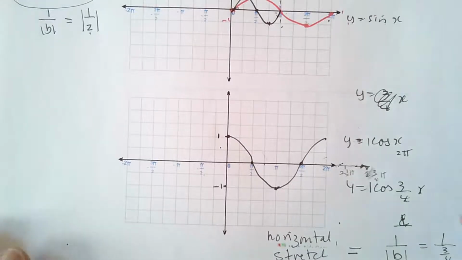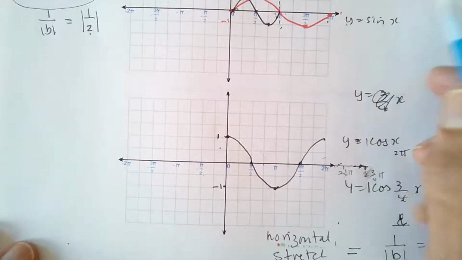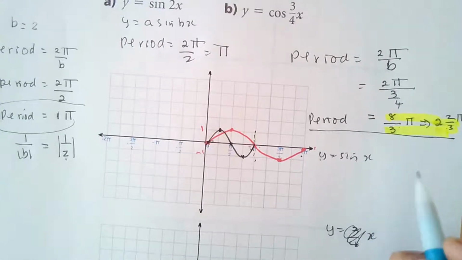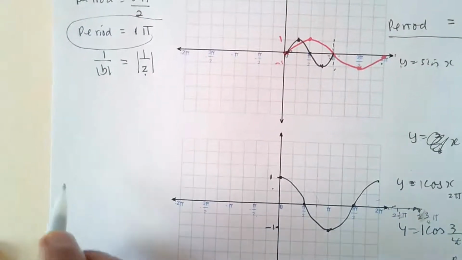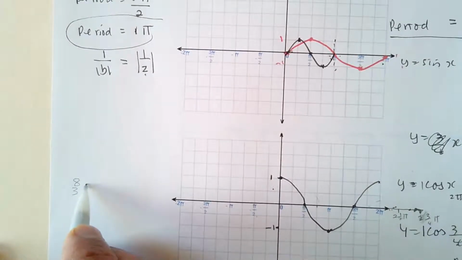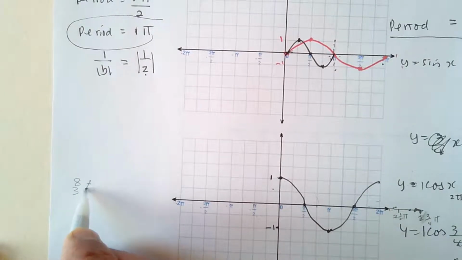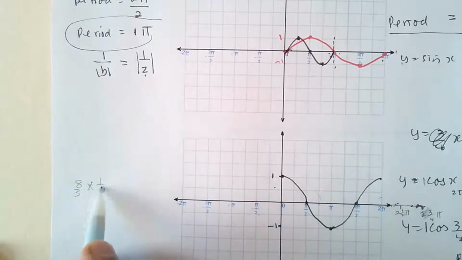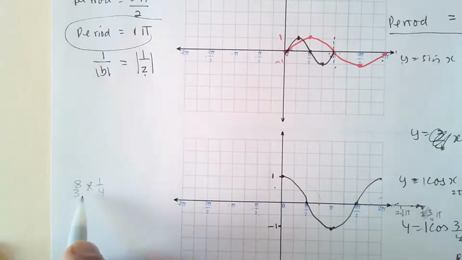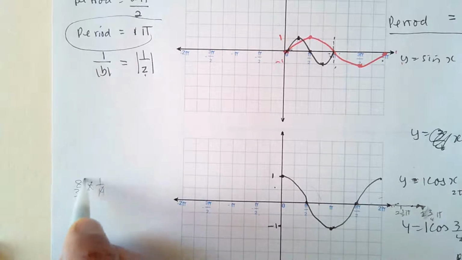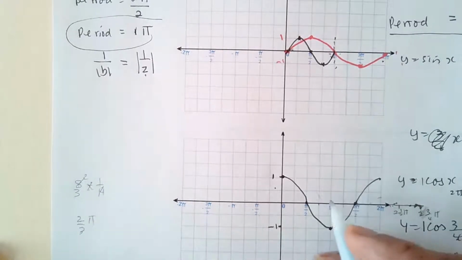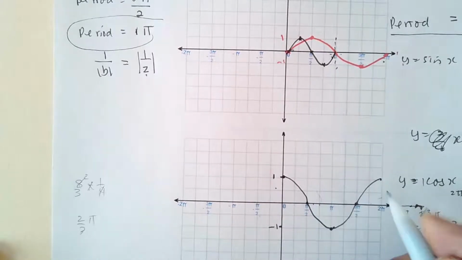You go to your period and divide it into 4 parts. So 8 over 3 pi multiplied by 1 over 4 gives us 2/3 pi for each part.